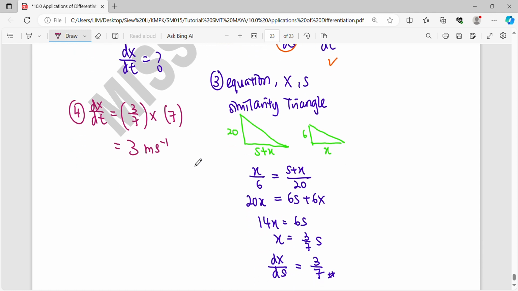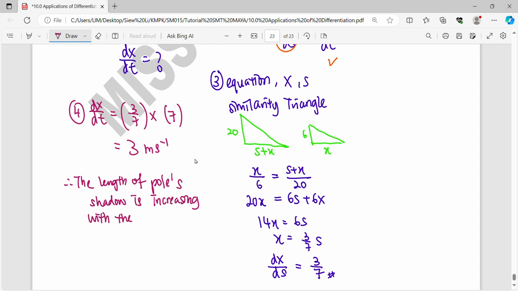So finally, our conclusion: the length of the pole's shadow is increasing at the rate of 3 meters per second.